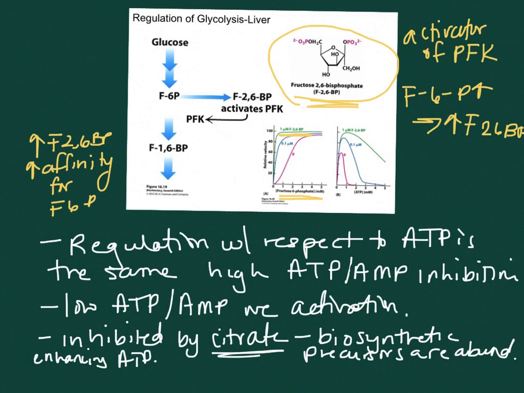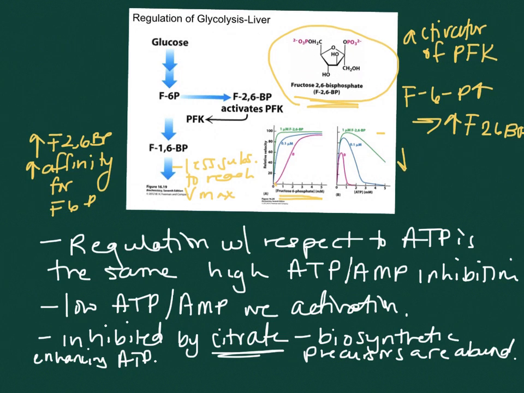And you can see that we go from a sigmoidal curve to a Michaelis-Menten curve to an even steeper Michaelis-Menten curve. What these curves are showing you is that it takes less substrate to reach Vmax, or maximal velocity of the enzyme.